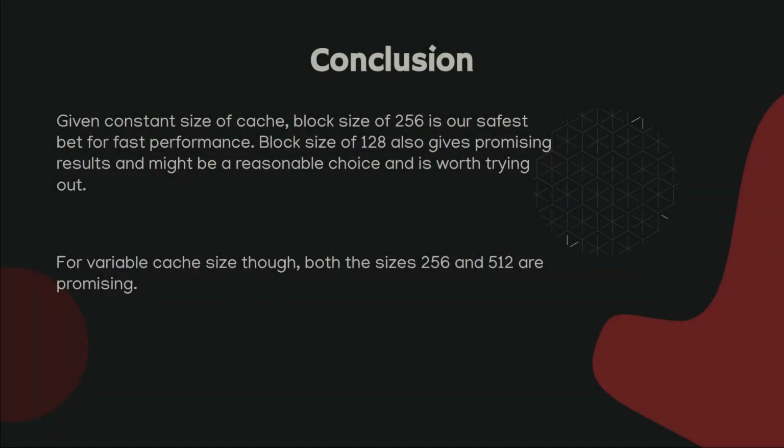In conclusion, we can say that the block size of 256 would be our safest bet. A block size of 128 also performs well in most cases, especially when the cache size is held constant, and it is worth giving a chance in those cases. And a block size of 512 might yield a significant increase if we allow the cache to expand as well.